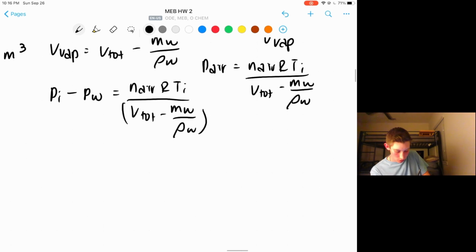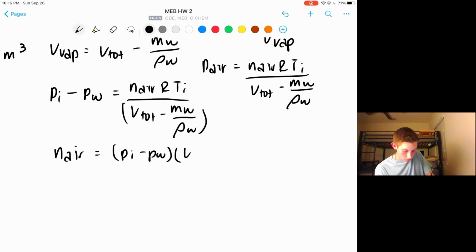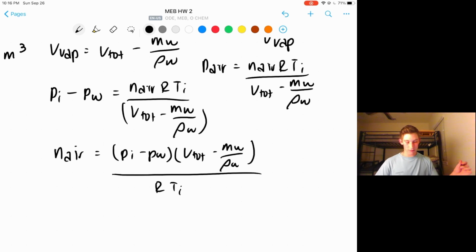And then we can get the moles of the air by itself with some algebra. So we have that there.